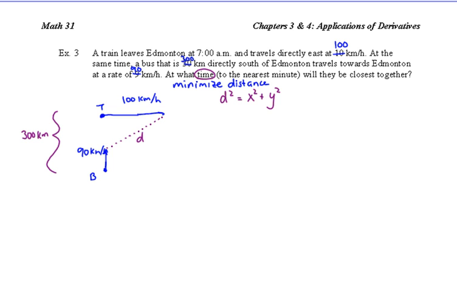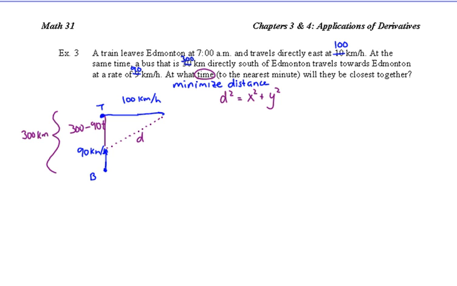Is there a way to relate them in terms of time? Use time as our variable. So this distance right here would be 300 minus 90t, rate times time. That would give you this distance here.